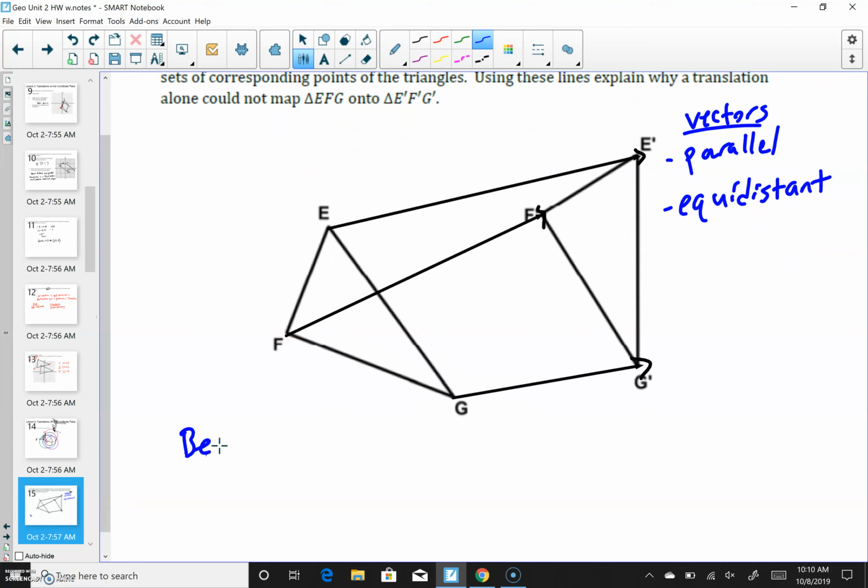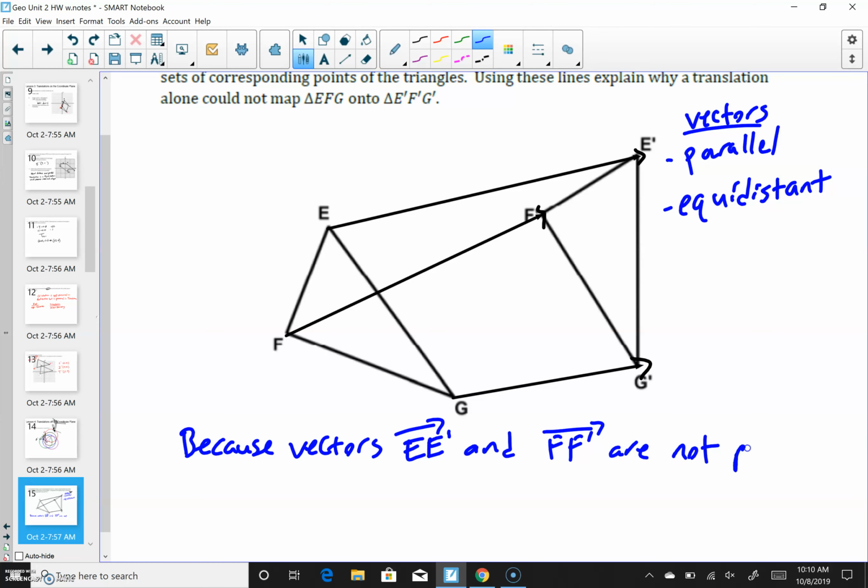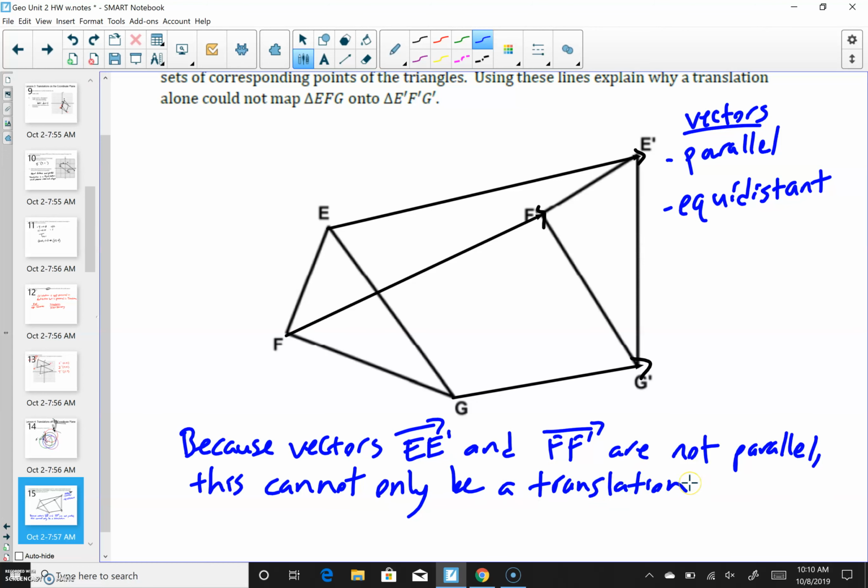So, because vectors E prime and F prime are not parallel, this cannot only be a translation. Okay? So if you remember, our vectors got to be parallel and equidistant. We clearly don't have that here, so therefore not a translation alone.